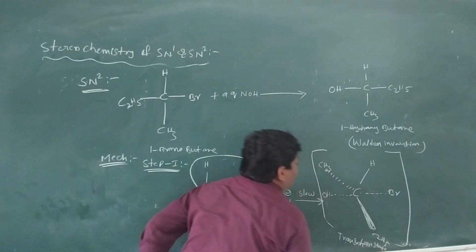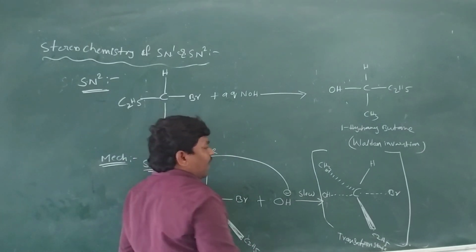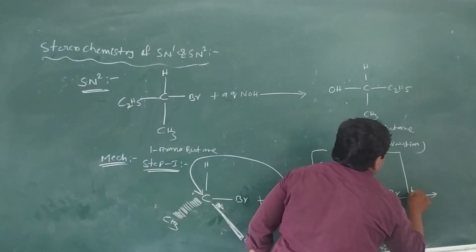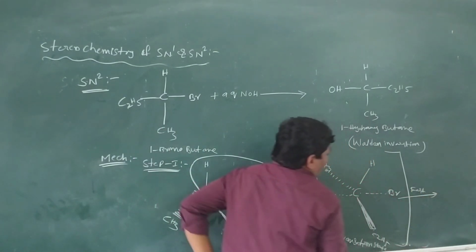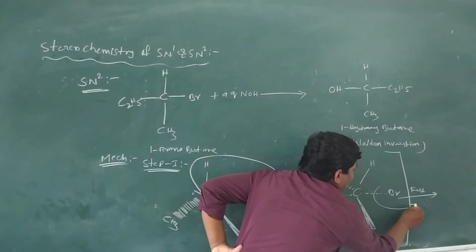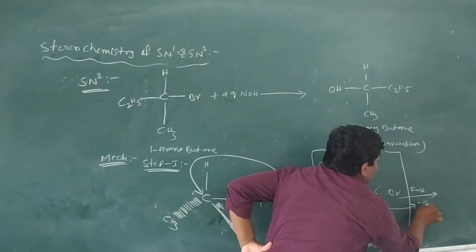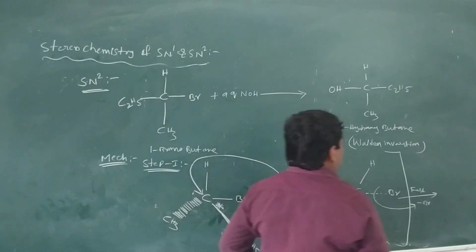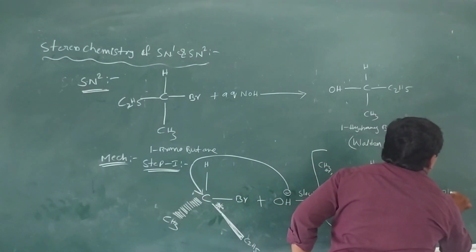And in the other step, a fast step, bromide ion is eliminated to form the Walden inversion.